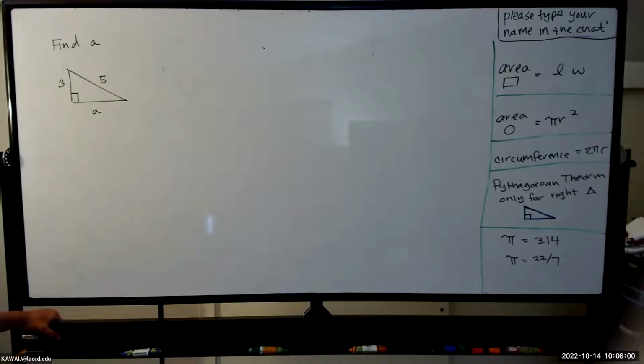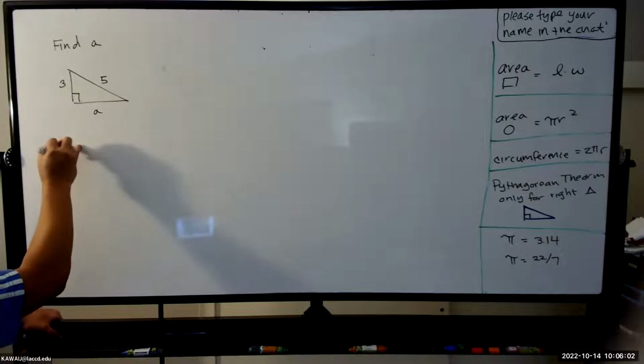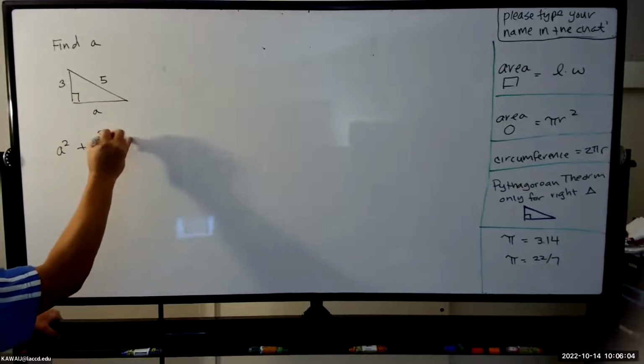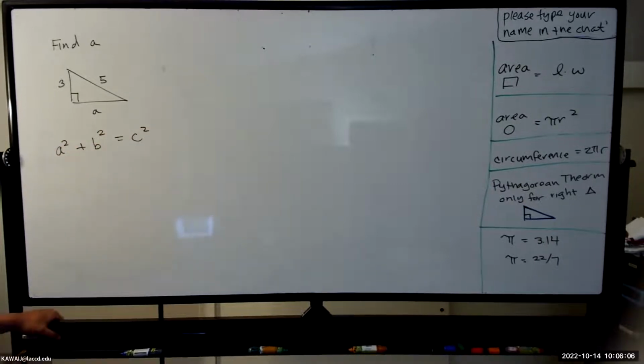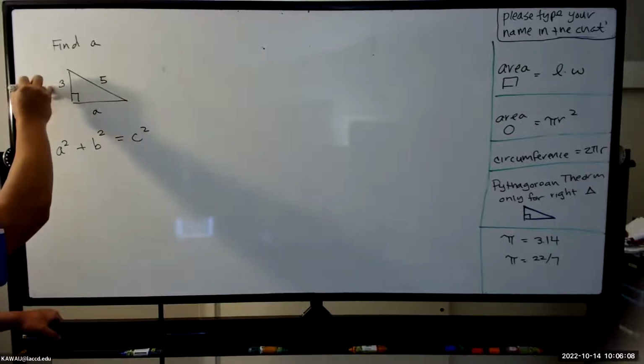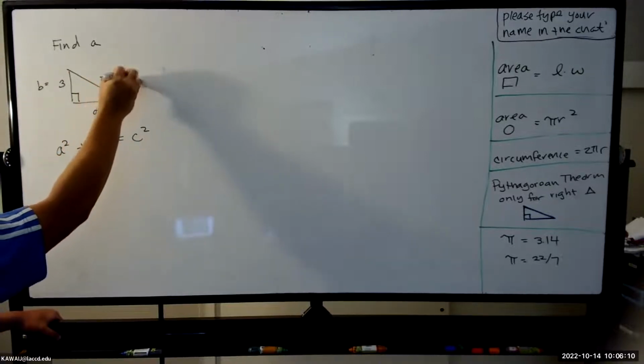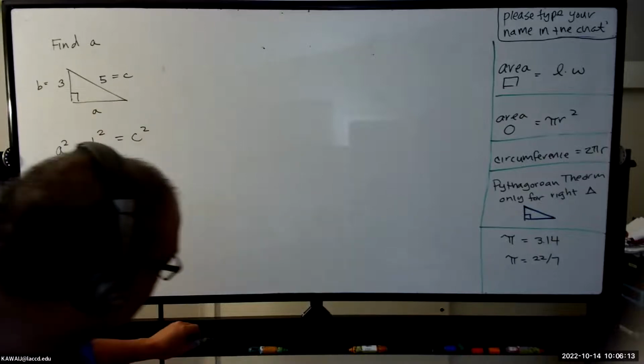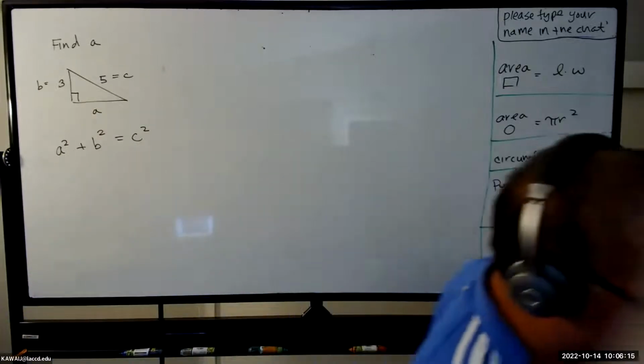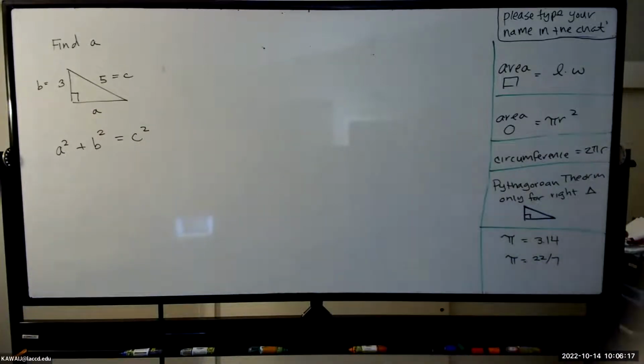Okay. And the Pythagorean theorem is a squared plus b squared is equal to c squared. So let's call this B, and let's call this C. Okay. So go ahead and fill in the blanks and solve that. And if you can't, I'll do it in a second.